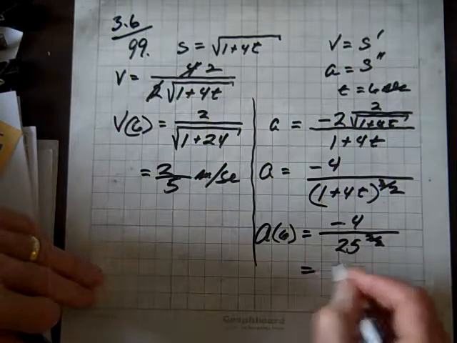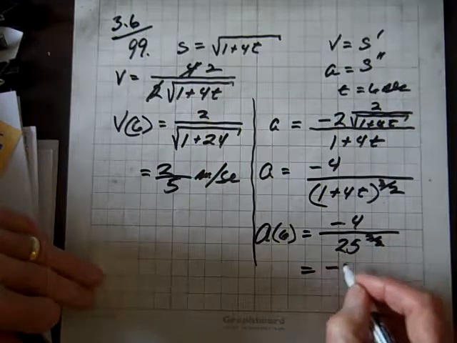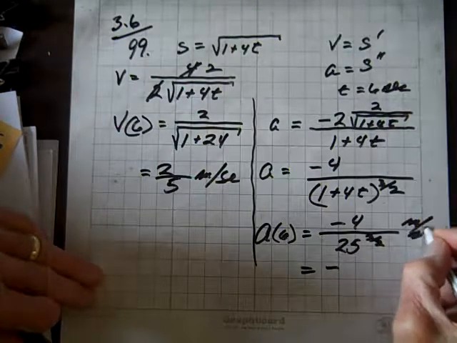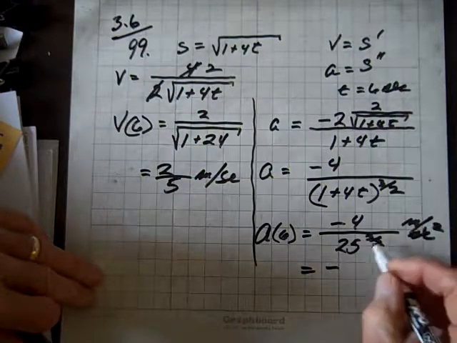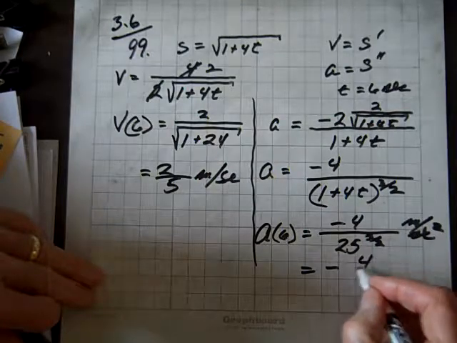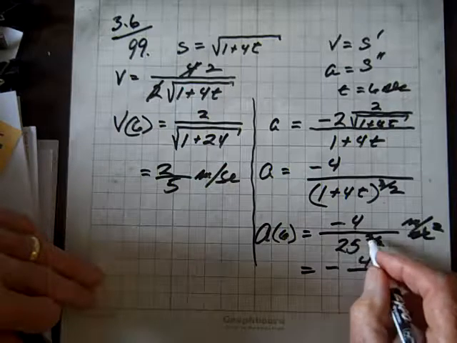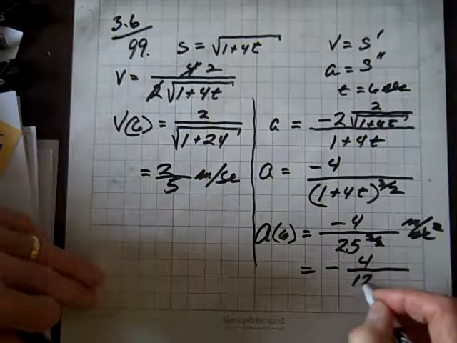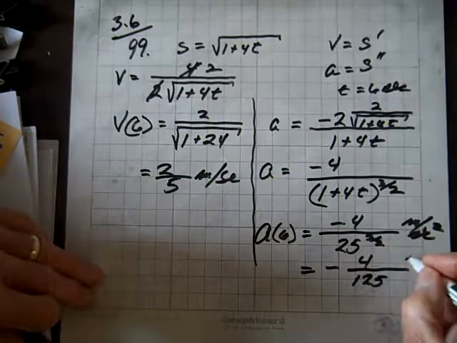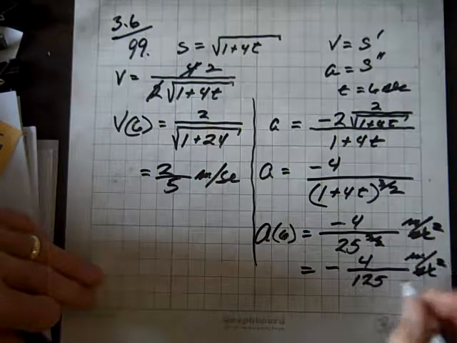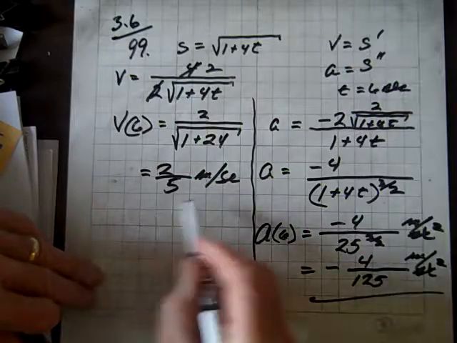Well, the square root of 25 is 5, and when you cube 5, you get 125. By the way, these should be meters per second squared. So that's going to be negative 4 over 125 meters per second squared, and we're done.